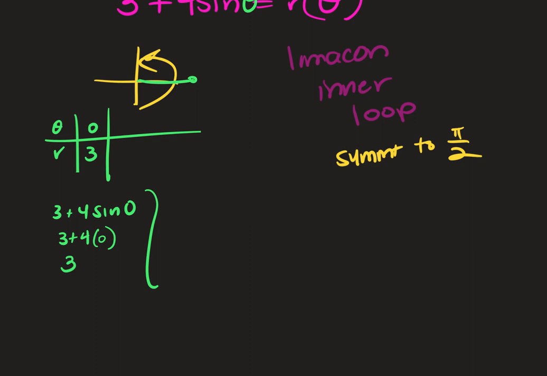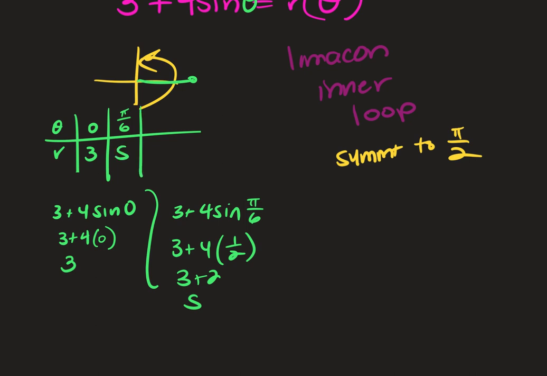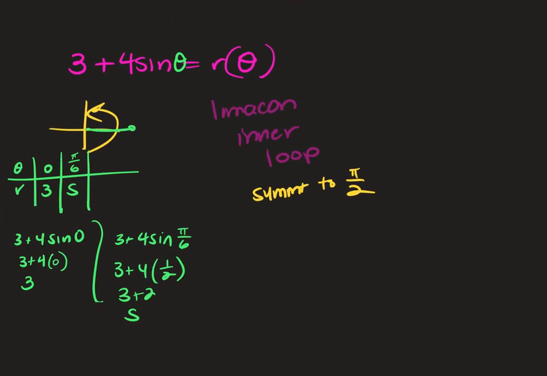Then I go to the next point. Let's keep going with what we were doing before. Pi over 6. What's the sine at pi over 6? 1/2. That's 5. Then I plug in pi over 3: 3 plus 4 sine pi over 3.